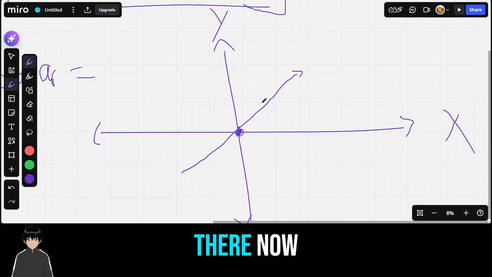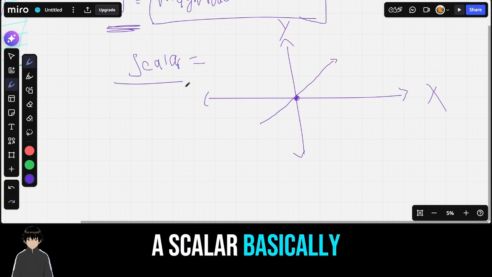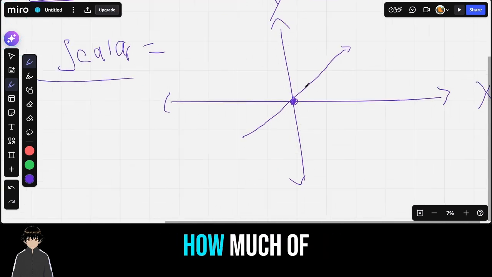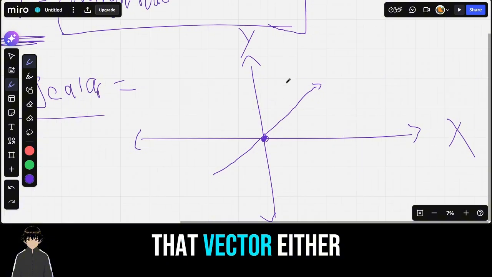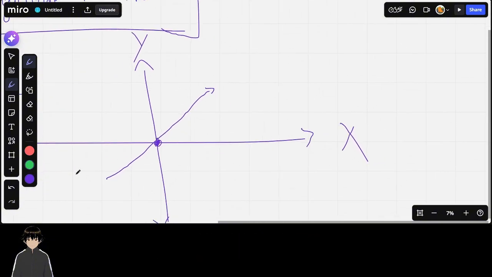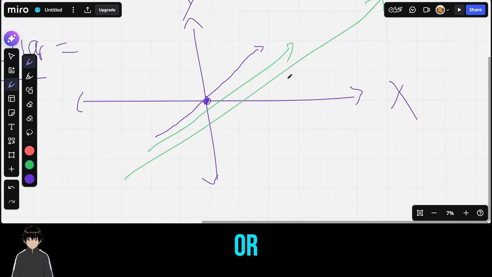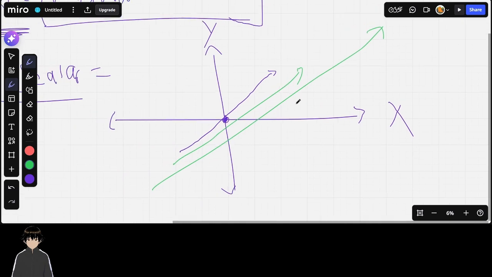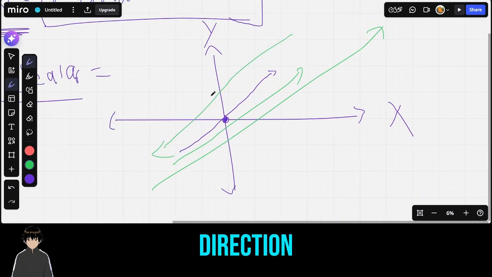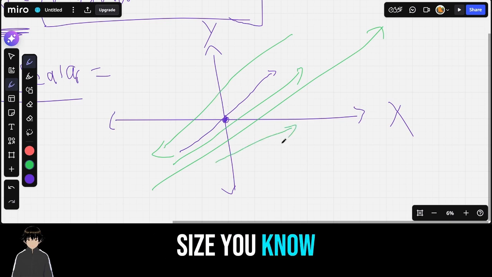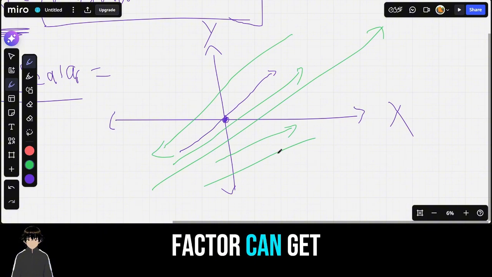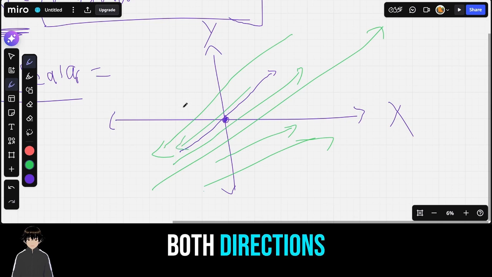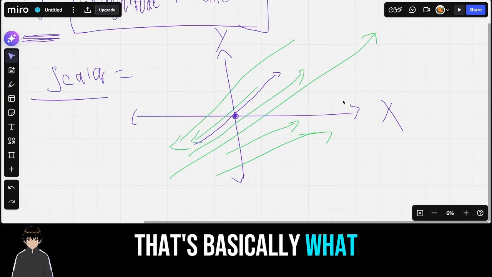Now a scalar basically depicts how much of that vector scales up, increases in size, or inverts in the different direction, so the vector can get bigger or smaller in both directions. That's basically what the scalar is.